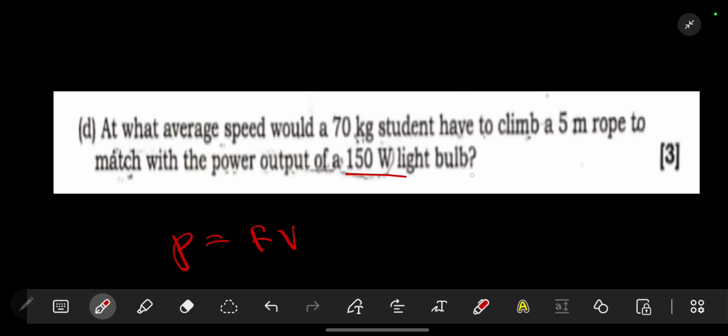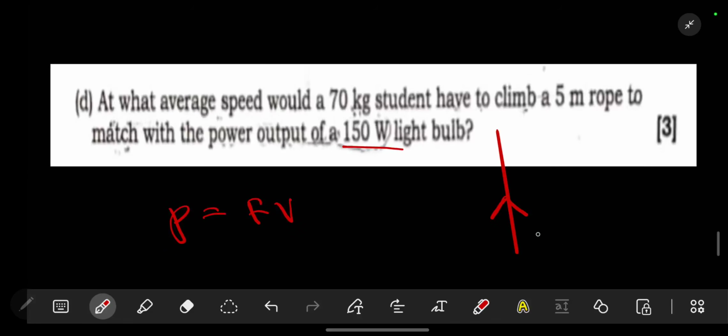This person is climbing, so it is their weight that is acting as the force, pulling them down. So the force will be equal to mg, times the velocity. So this will be our power.